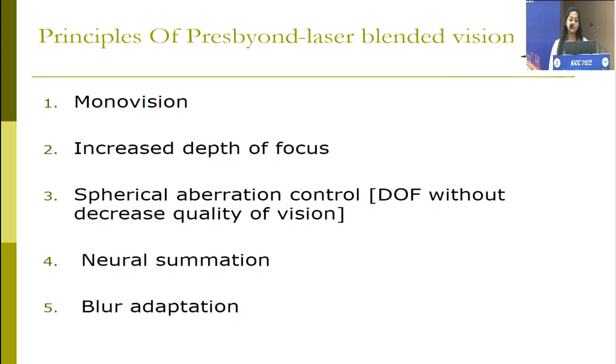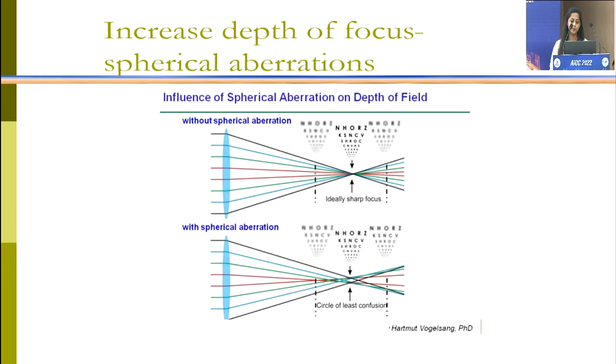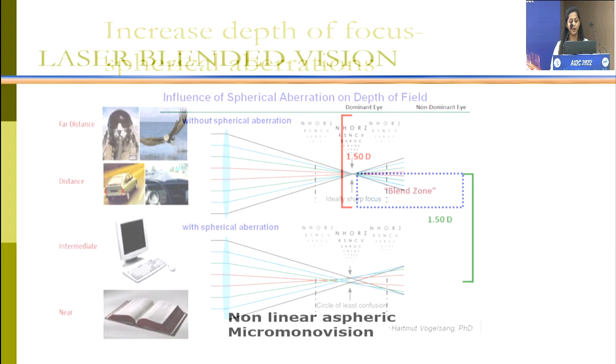What are the principles of Presbyond laser blended vision? We make it a monovision, and also increase the depth of focus, spherical aberrations, and neural adaptation, blur adaptation. So in Presbyond, the dominant eye is treated for the distance, and the non-dominant eye is treated for the near, and also the depth of focus is increased by inducing spherical aberrations.